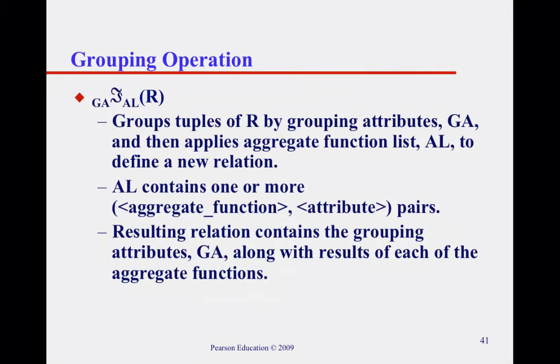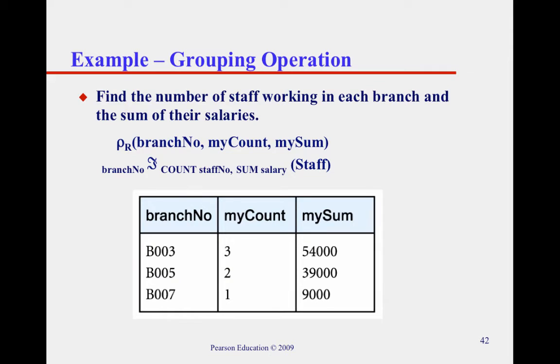Okay, and then if you want to group, then you put the grouping attribute to the left first. So here we're saying that here's our 3 names for our 3 columns. So the 3 columns should be named branch number, my count, my sum. We're grouping on branch number, so that's the subscript before the T. Then afterwards, we're counting staff number and summing the salary for the staff.